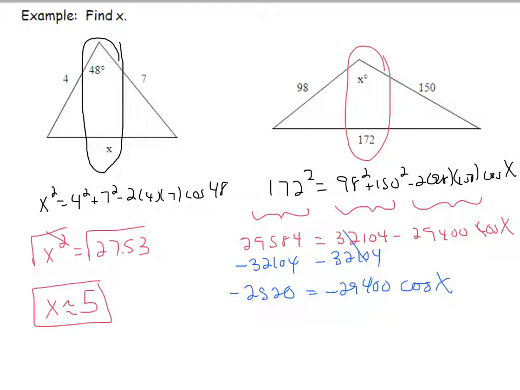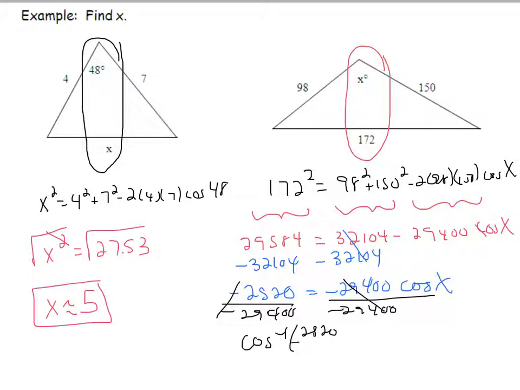So that's a subtract. Then you should divide. Remember, the negatives cancel, so you should have the inverse cosine of 2520 over 29,400. This should give you about 85 degrees.